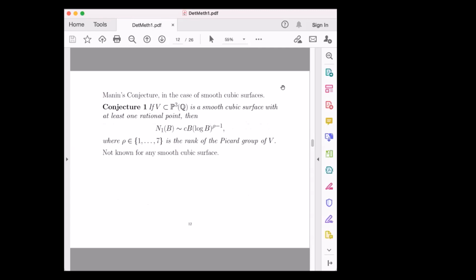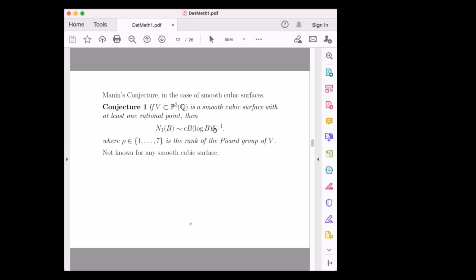So that takes us to Manin's conjecture in the case of smooth cubic surfaces. So in the case of a smooth cubic surface in projective 3-space, providing there's at least one rational point, the conjecture will say that the growth function here, this is a counting function that excludes points on lines, should grow like constant times b times a suitable power of log b.